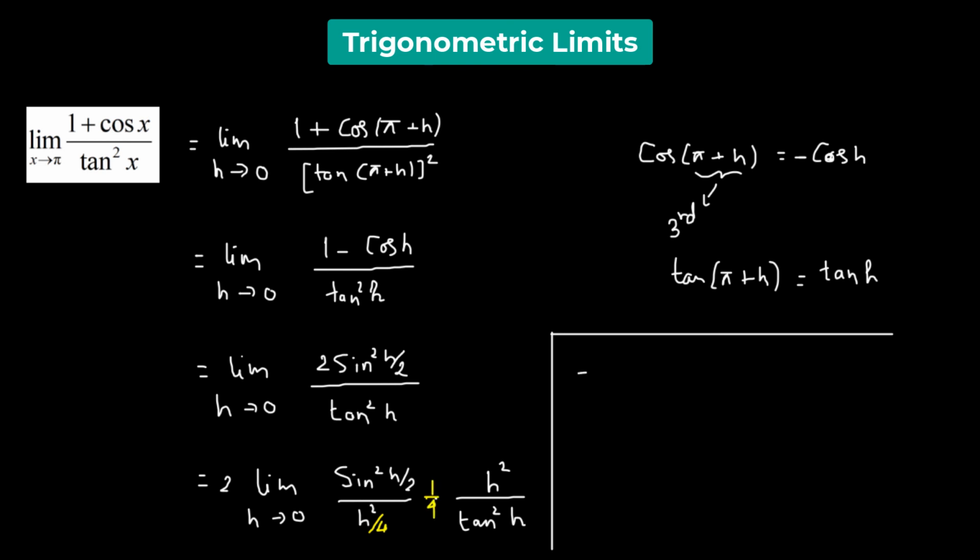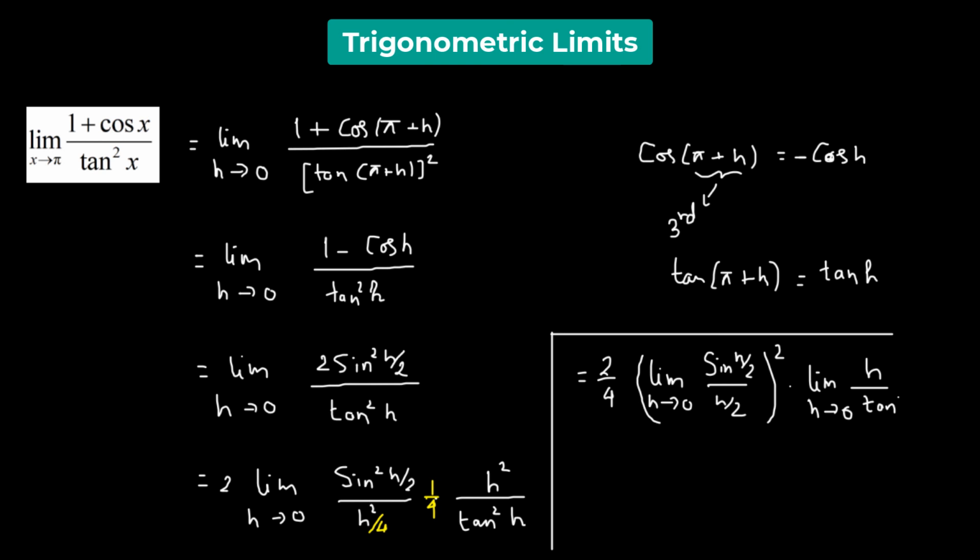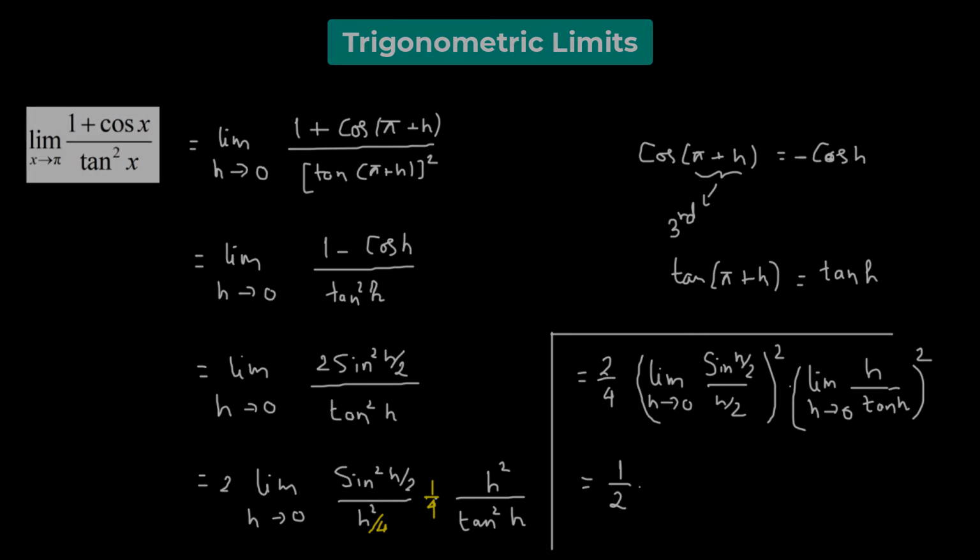So we have 2 over 4 times limit h approaching 0 of sine h over 2 divided by h over 2, squared, times limit h approaching 0 of h over tangent of h, whole squared. So as per our definition, the limiting value will be 1 for each of the cases. So we have 1 over 2 as a final limiting value of the given function.